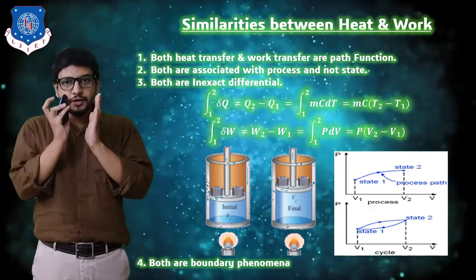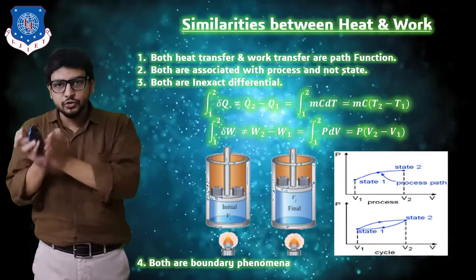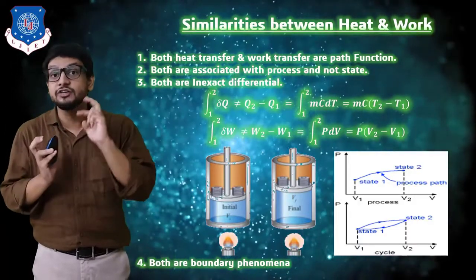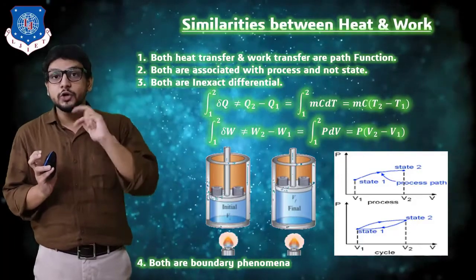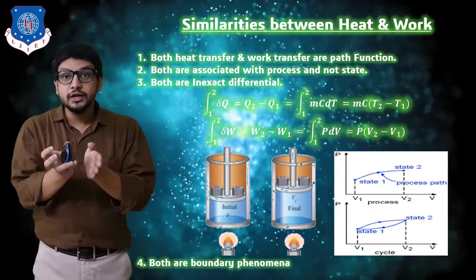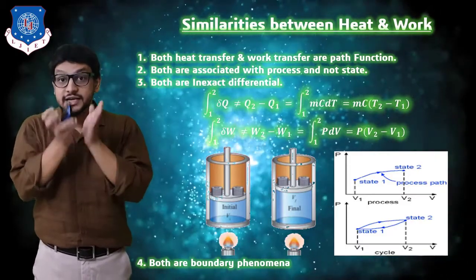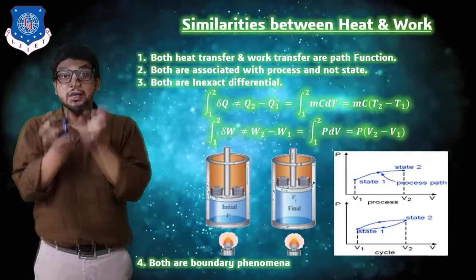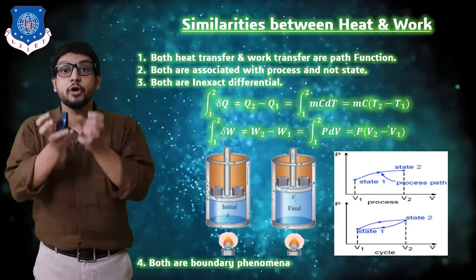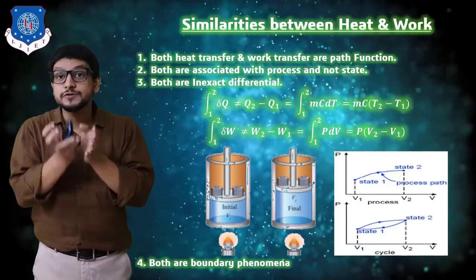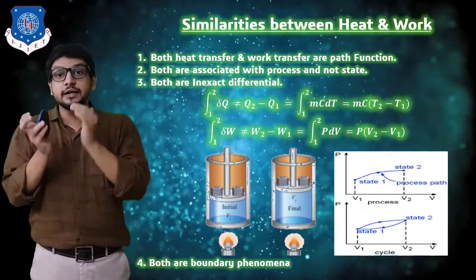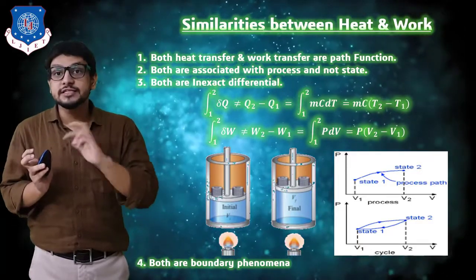So from state 1 to state 2, there is a change called a process, and during this process, a heat transfer from the surrounding to the system has occurred. We cannot say that at state 1, Q1 is a heat transfer, because heat transfer is a quantity that occurs when a system performs a process, that is, when a system moves from one state to another state. We cannot say that at the final state 2, the heat transfer is Q.